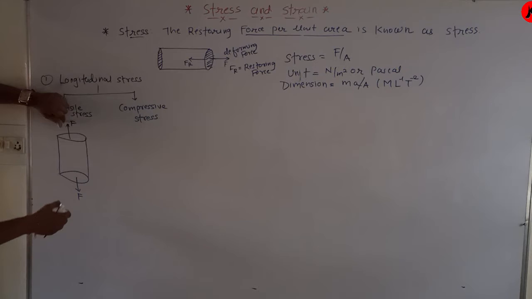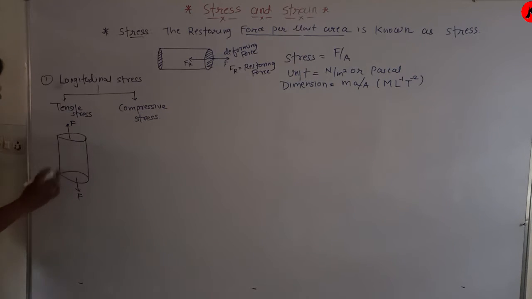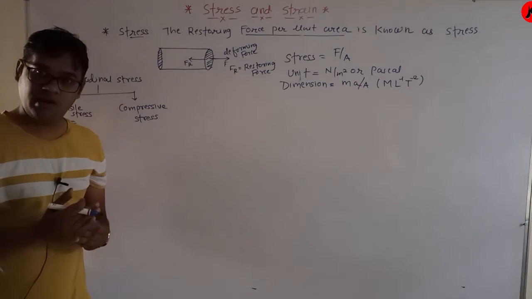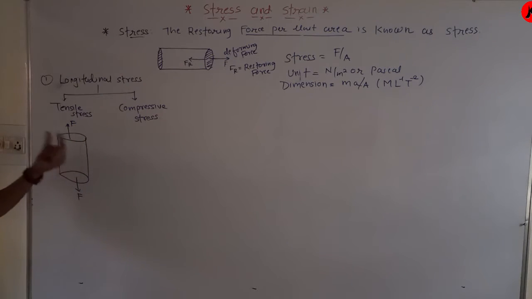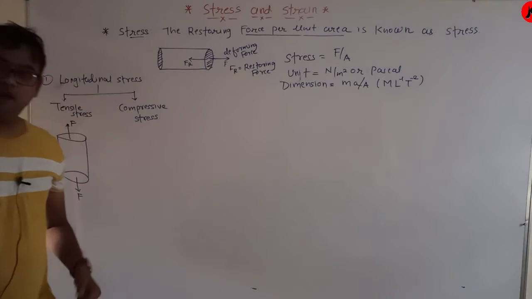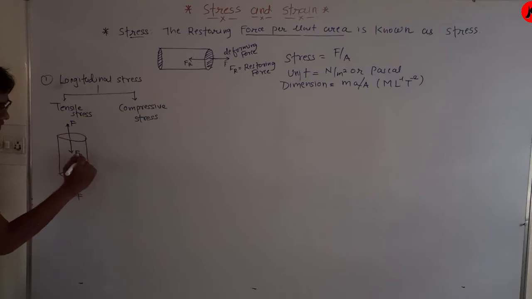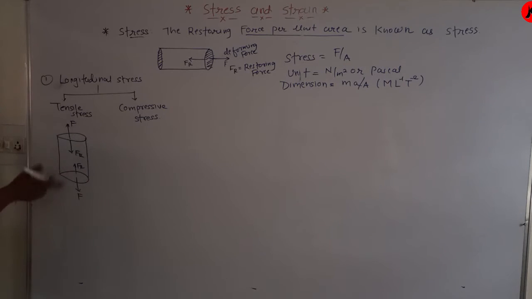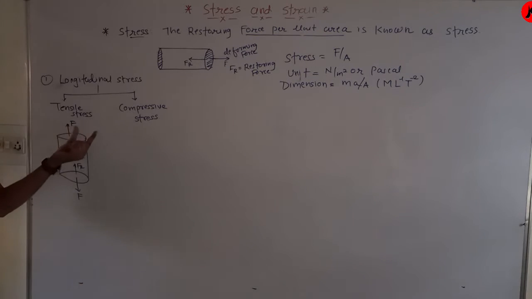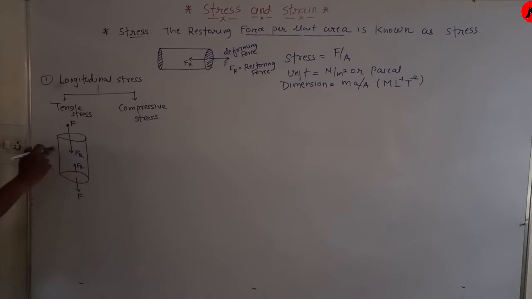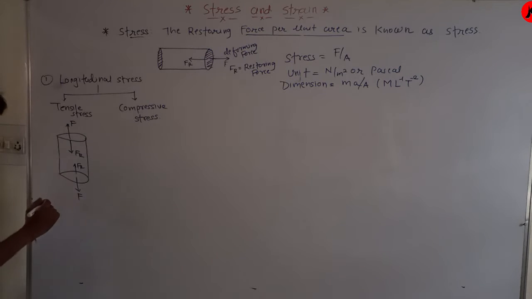But at the same time, when I am stretching this cylinder from two sides, this cylinder tries to be in equilibrium condition, and for that it generates the restoring force Fr, which is equal in magnitude to applied force or deforming force and is in opposite direction to applied force F, right?